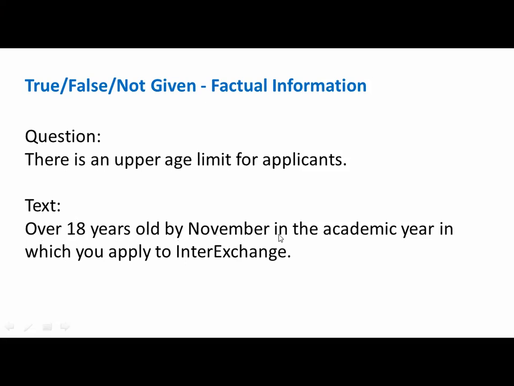Over 18 is the lower age in the academic year in which you can apply to inter-exchange. But what is the upper age? My question is about the upper age. Is there any upper age? Maybe, maybe not. We don't know what is the upper age. So that's why again we will say the information is, you tell me false or not given. Yes, it's not given. We don't know what is the upper age.